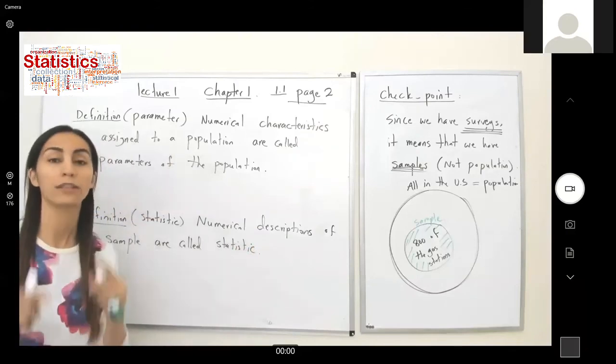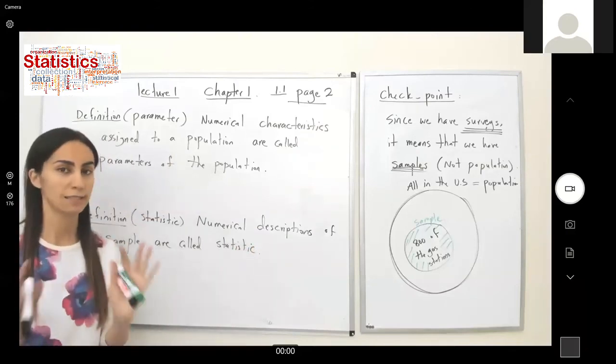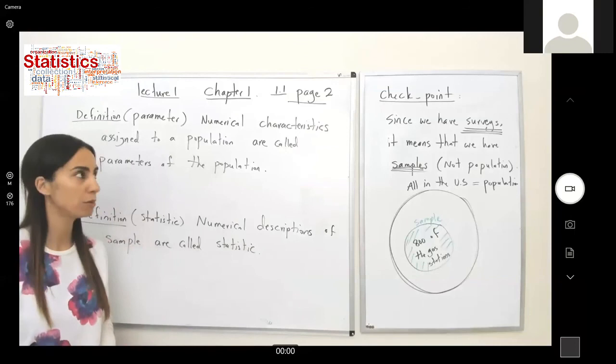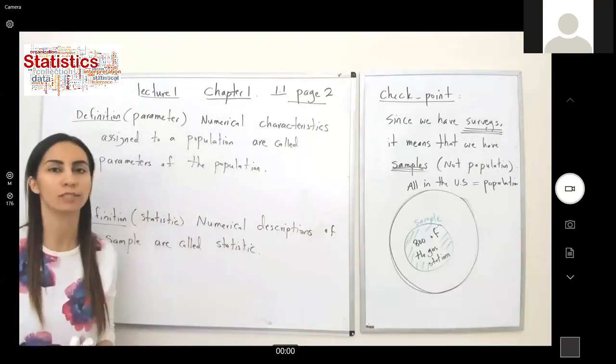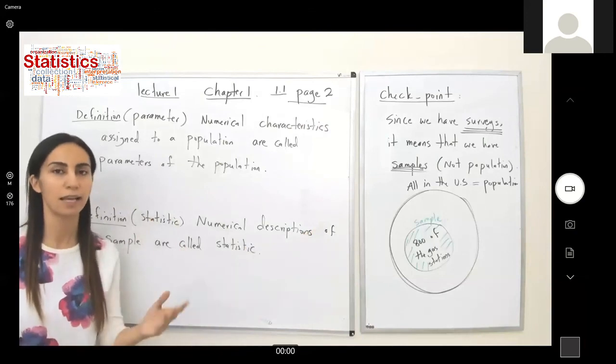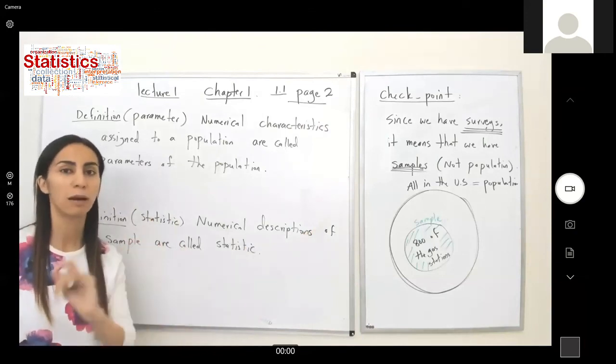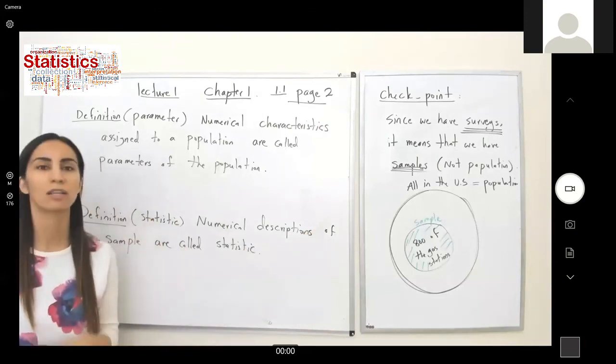So what is your job as a statistician? Your job is to identify your population or your sample, then say, hey, I'm talking about parameters or I'm talking about statistics.